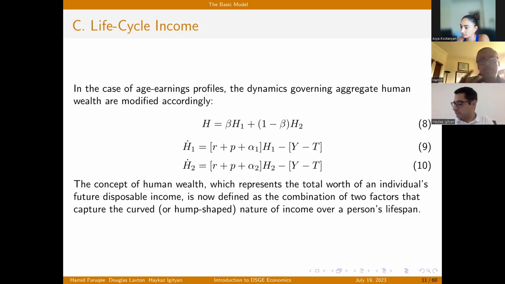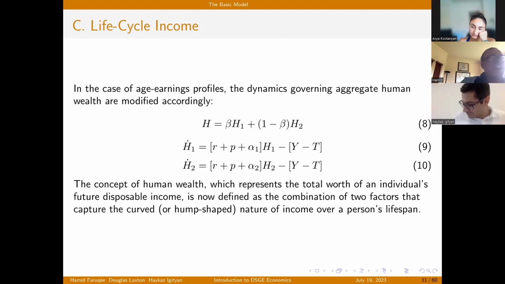But with the exponential functions that we use, you can express the aggregate human wealth equation as a function of these 2 components with the alpha 1 and the alpha 2 from those individual income profiles. Those will show up in the aggregate human wealth equations. But it's very similar to the aggregations that we did before, just in the case of now individual hump-shaped income profiles. We'll add this additional richness in the human wealth equation.